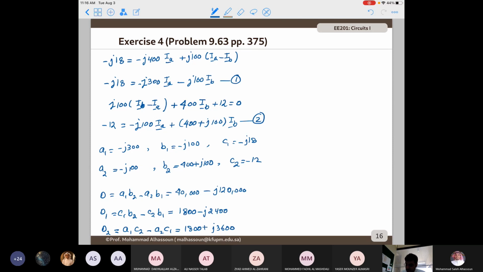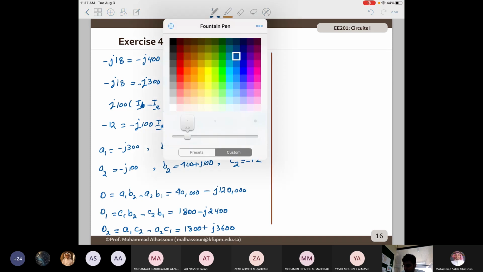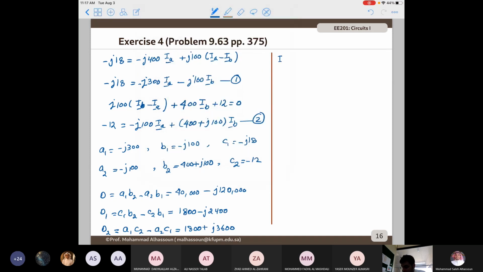So now I can find IA and IB. IA is going to be D1 divided by D, and this is going to be 67.5 minus J75 milliampere.